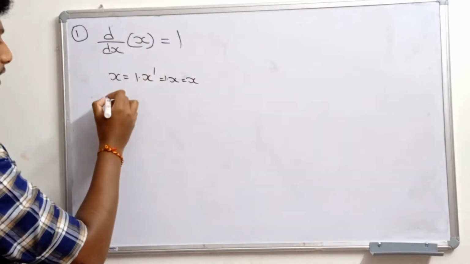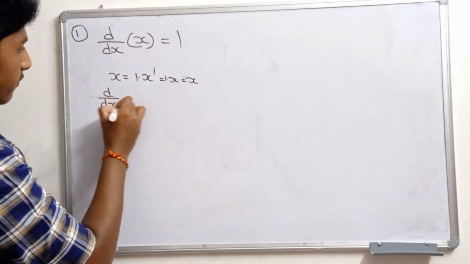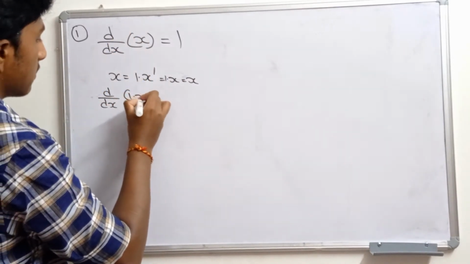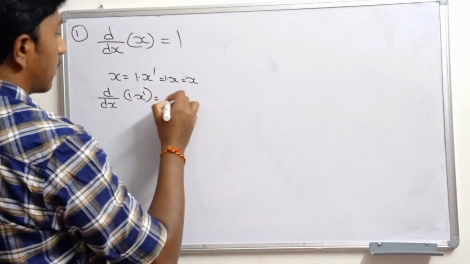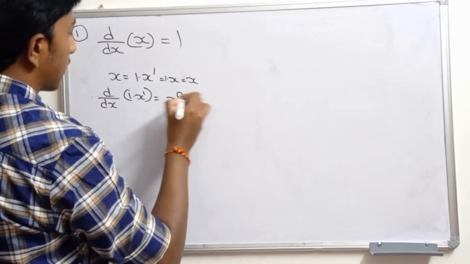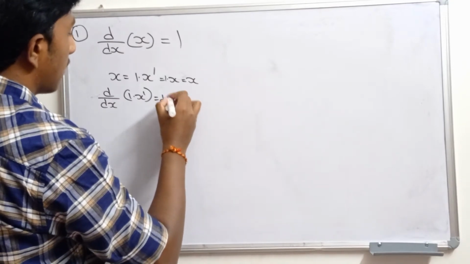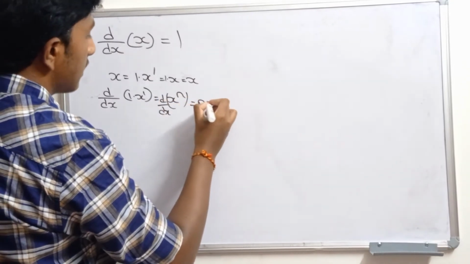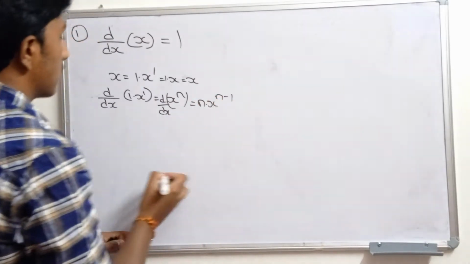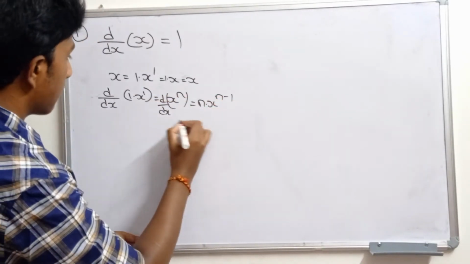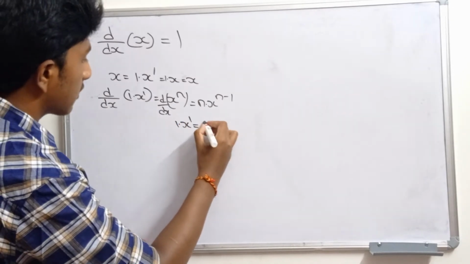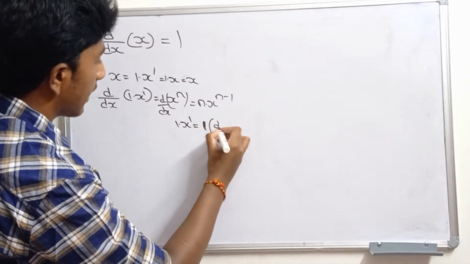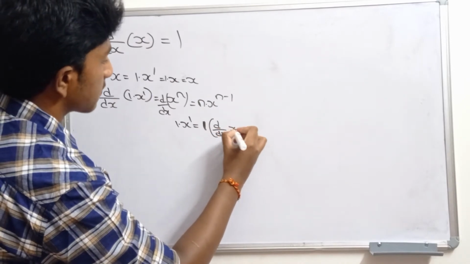So we can write this as d by dx of 1 into x power 1. According to this formula, d by dx of x power n is equal to n into x power n minus 1. First write the constant outside and write this as d by dx of x power 1.